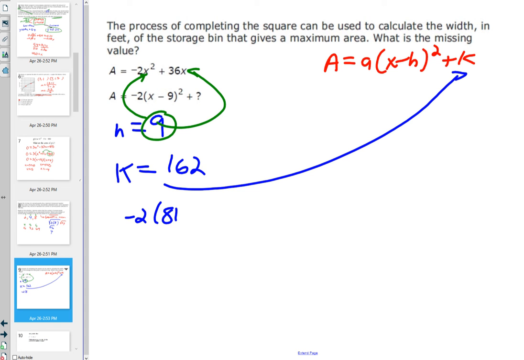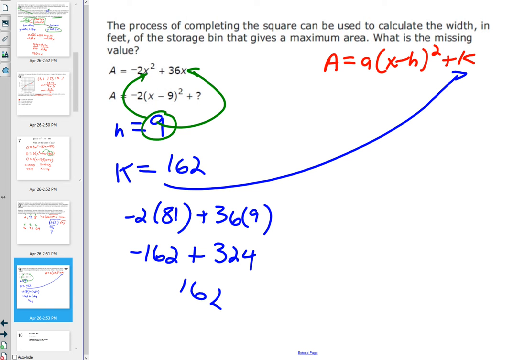Negative 2 times 81, and then plus 36 times 9. Negative 2 times 81, that's negative 162. And what's 36 times 9? 324. So what's 162 plus 324? Is that positive 162?